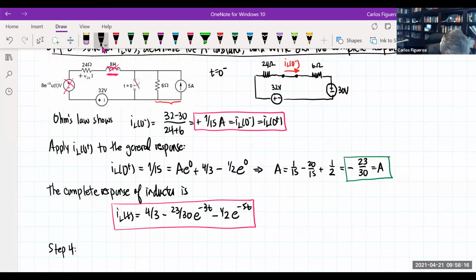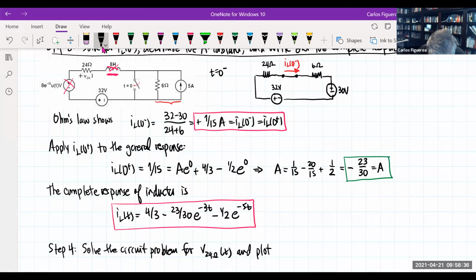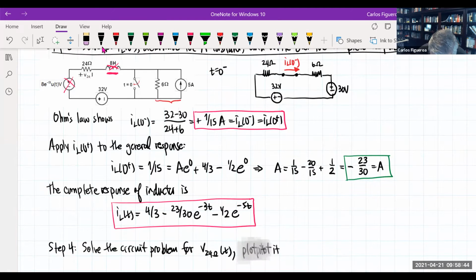Step 4 here is that we're going to solve the circuit problem for V24 ohm of t, plot it, and interpret. So let's go do that.